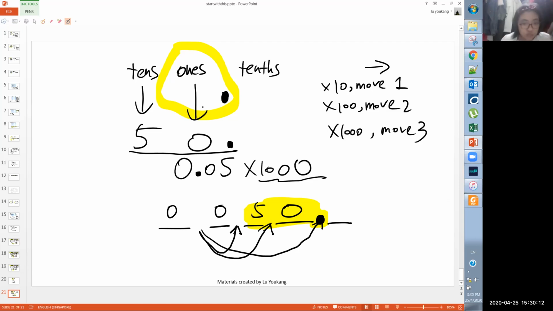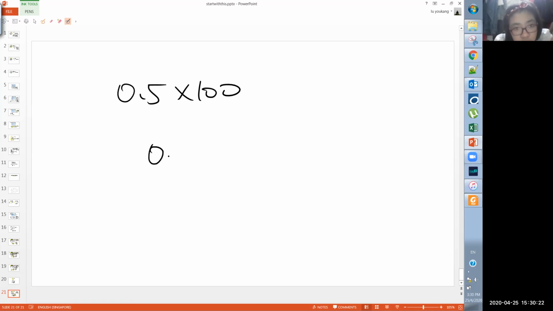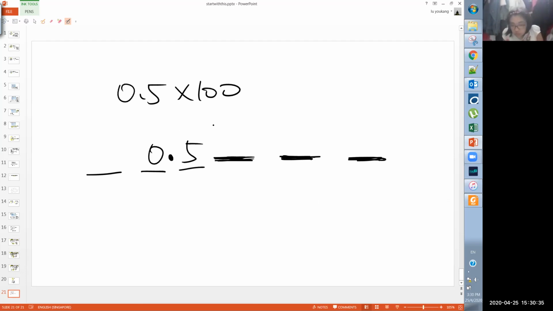Okay? So what it means is, if you have 0.5, you times 100. Basically what you do is you quickly write down the decimal point and the blank spaces. So times 100 means move how many places? 2.